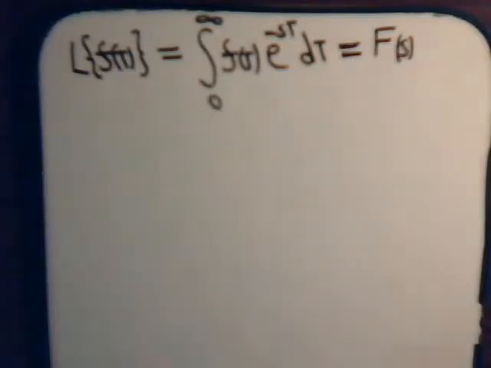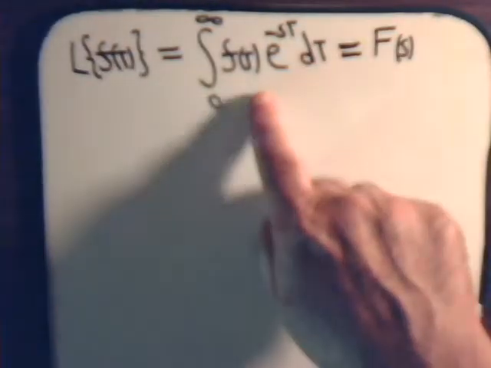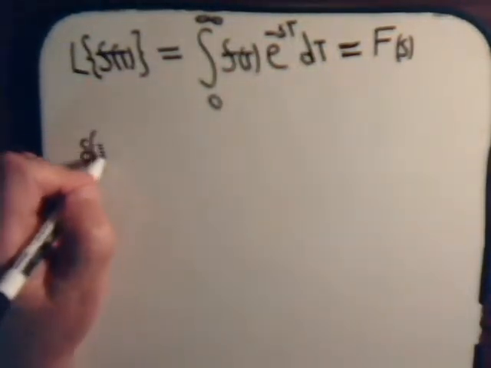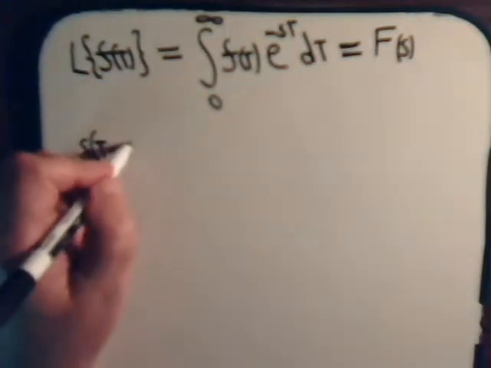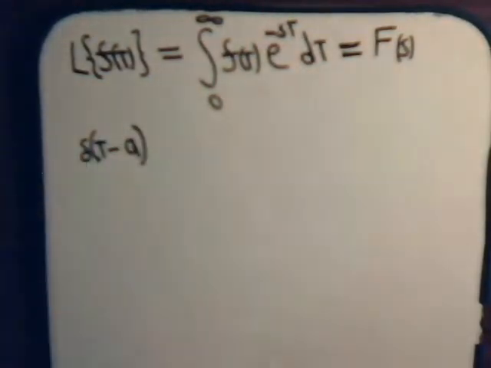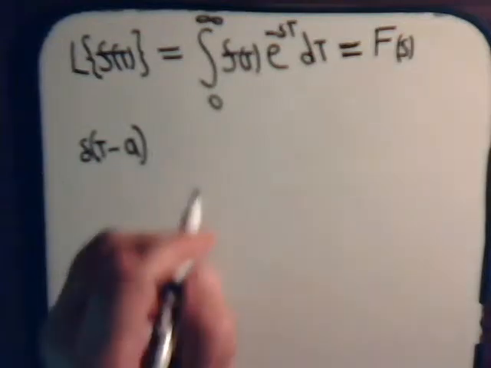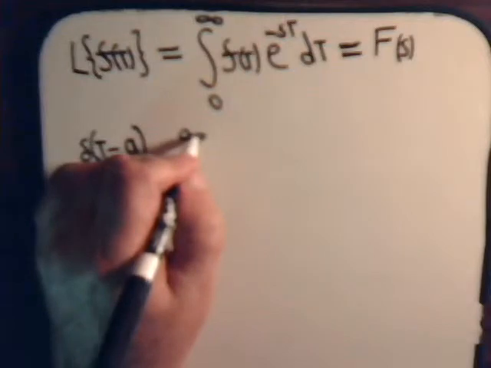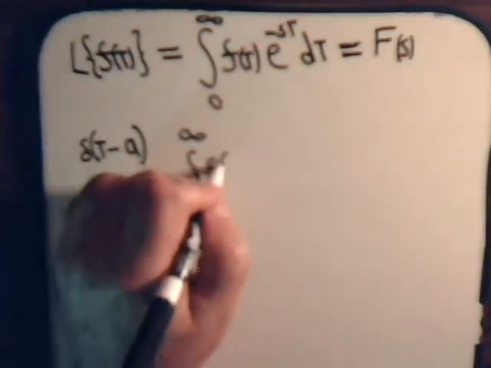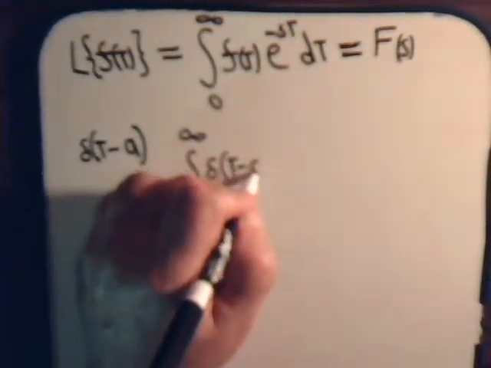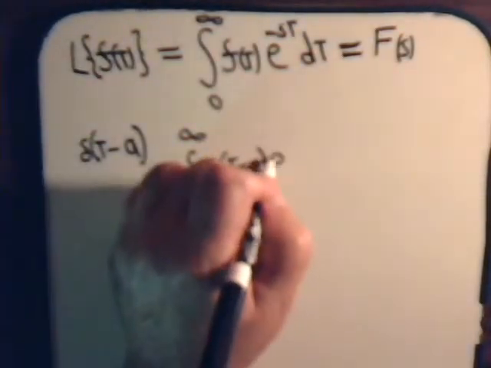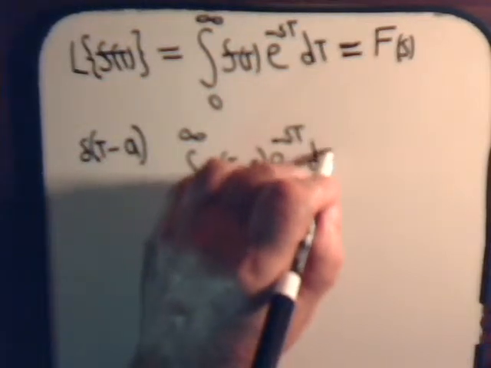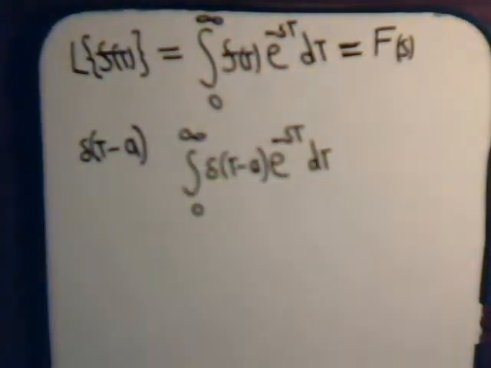Now, let's suppose then that our function f of t is the Dirac delta function, say delta of t minus a. So that would be the integral from 0 to infinity, Dirac delta function of t minus a, e to the minus st dt.